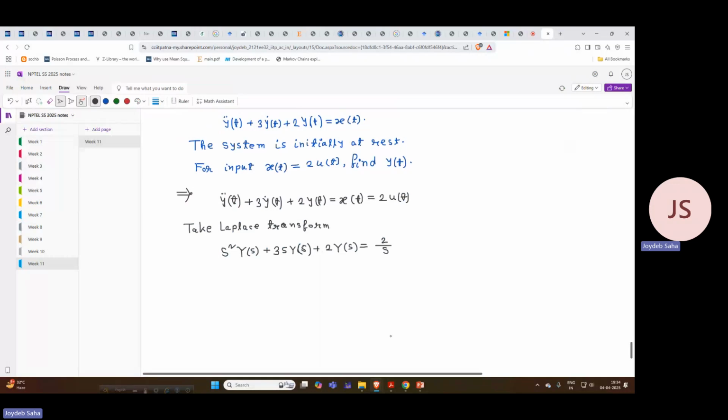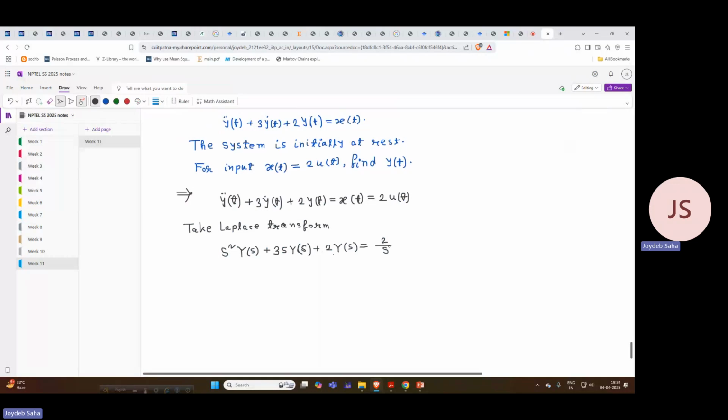Is it understandable? Initial condition is 0. System initially is at rest. So taking Laplace transform, we are getting this. For y double dot t we get s square Y s, for 3 y dot t we get 3s Y s, for 2 into y t we get 2 Y s, and 2 into u t gives 2 by s.